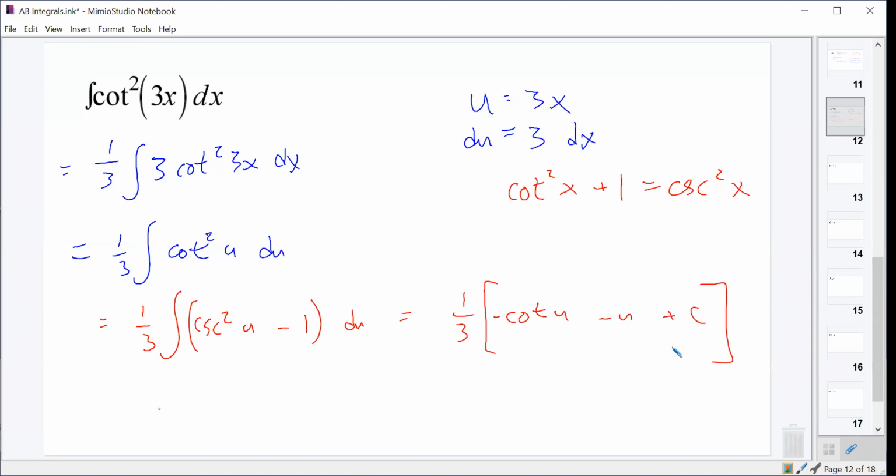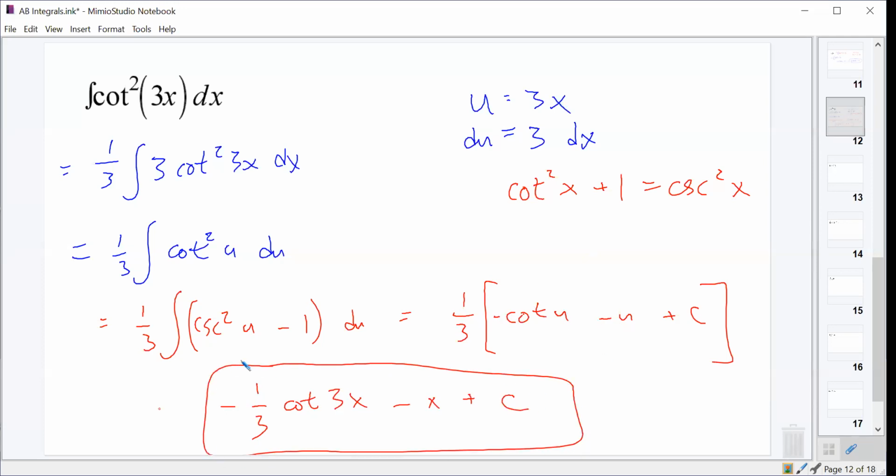Everybody good with that? Yeah. All right, and so we end up with negative 1/3 cotangent 3x, and then we've got a minus 1/3 u. Well, that'd be minus 1/3 of 3x, which will just be minus x, and plus 1/3 of our constant is just a constant still, so plus a constant.